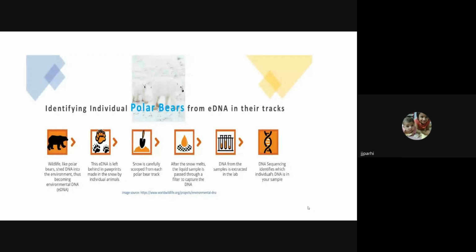Here for the polar bear, they collected the snow, and when it melted, they passed the liquid through a filter to capture the DNA. The DNA sample was extracted to identify which polar bear was there, how many polar bears are there, etc. So they used this eDNA technology for identifying individual polar bears from the eDNA in their tracks.